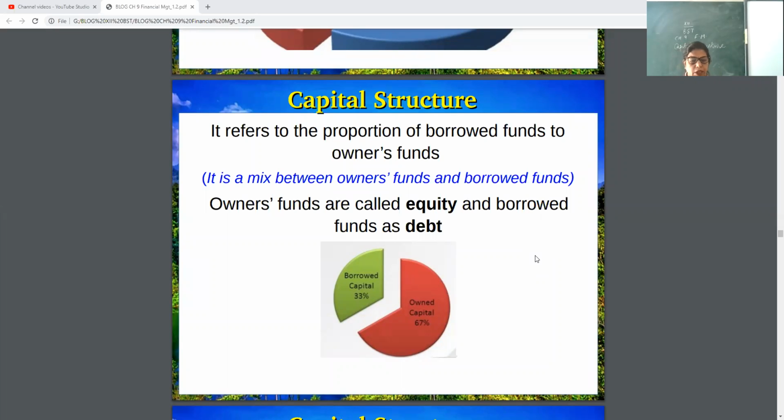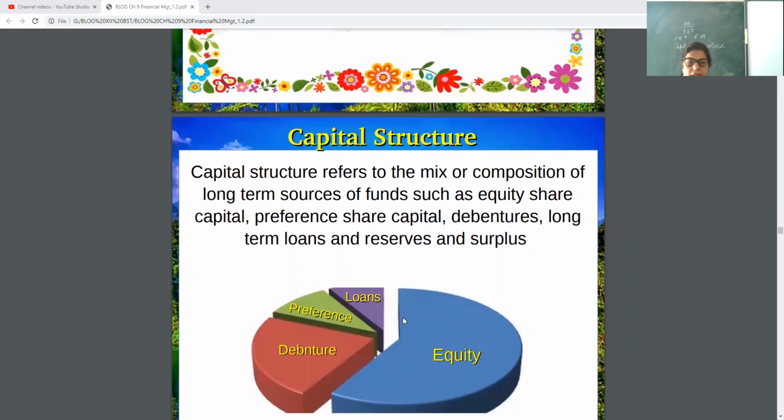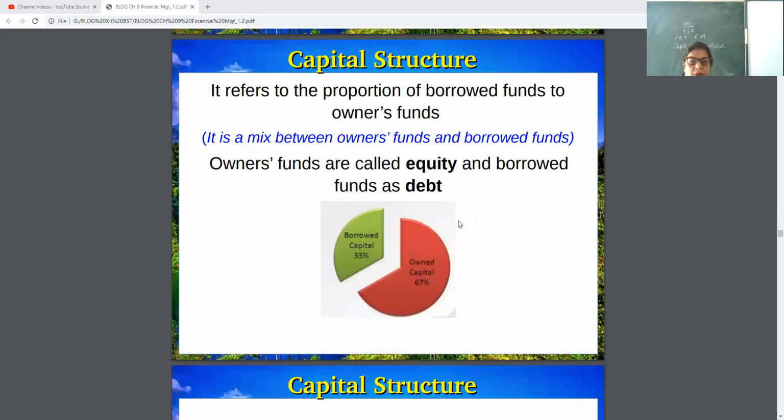Equity means equity share capital, reserves and surplus, retained earning. Borrowed fund will be termed as debt. Debt means debentures and long-term loan, which is known as external source also. So it is the proportion, combination of debt and equity. You can see this diagram. This is a mix or composition, or we can say it is the proportion.